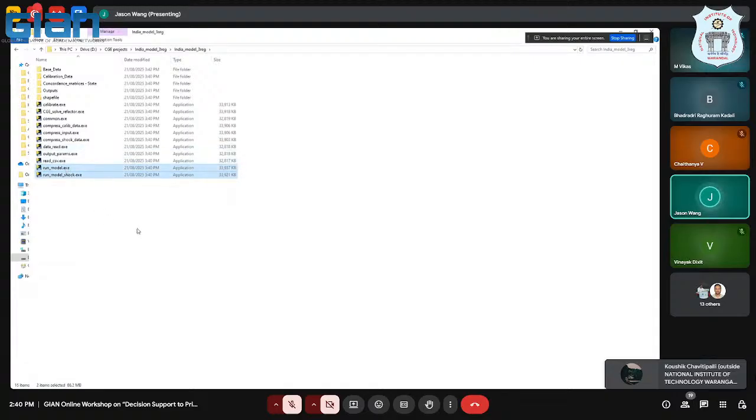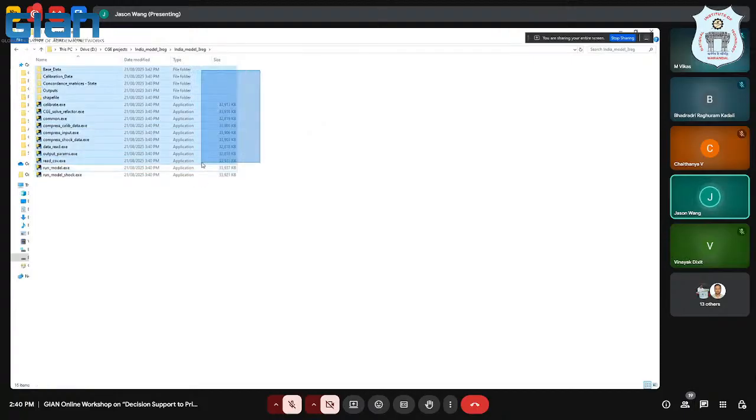These two take all the other executable files and folders and use them to produce results for the model itself. All of the equations and data that Professor Vinayak went through in the morning are in these other folders and files. But as a user, there's no need to open them up. All we need to do is access these executable files.